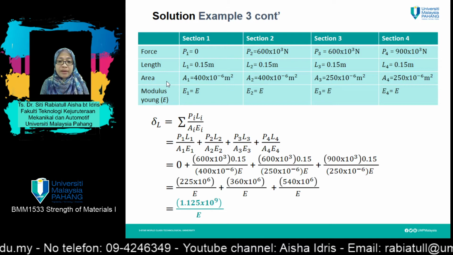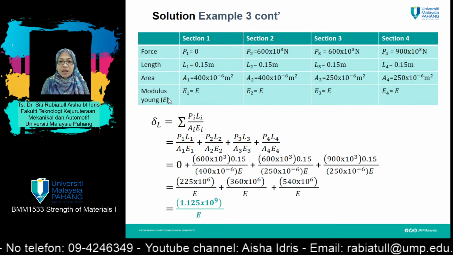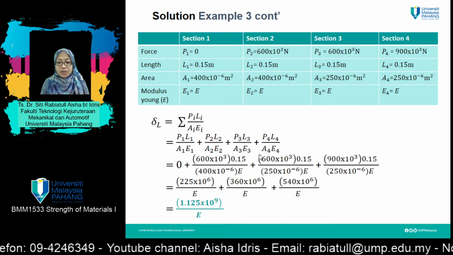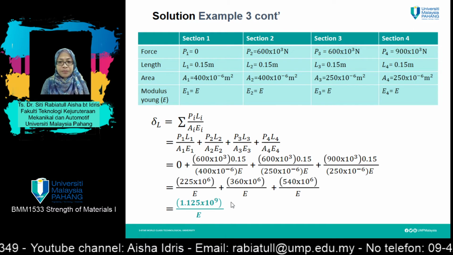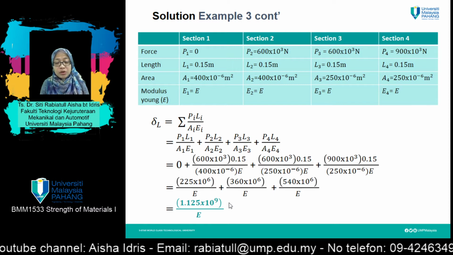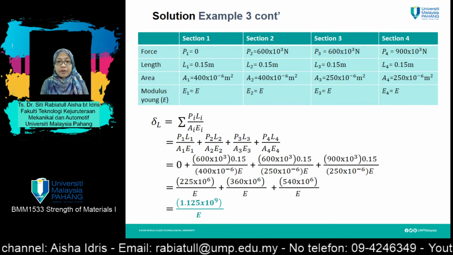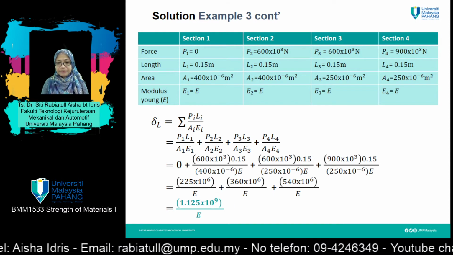The same goes for length, area, and also Young's modulus. From there, substitute into the formula, and finally you will get this value. The value of E, Young's modulus, is not given to you, and therefore it is written as E there.